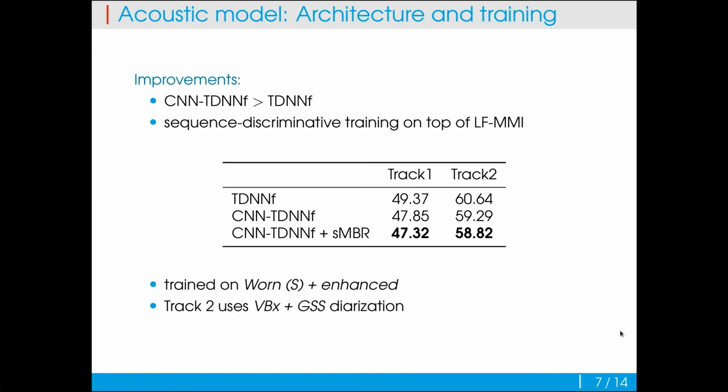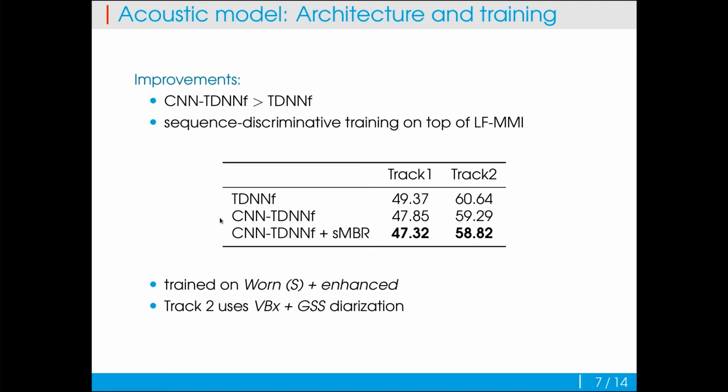Next, we looked at the architecture and the training of the acoustic model. Here we have two very straightforward improvements. First is replacing the baseline TDNNF by CNN-TDNNF, which I would say consistently improved the results over our different experiments.